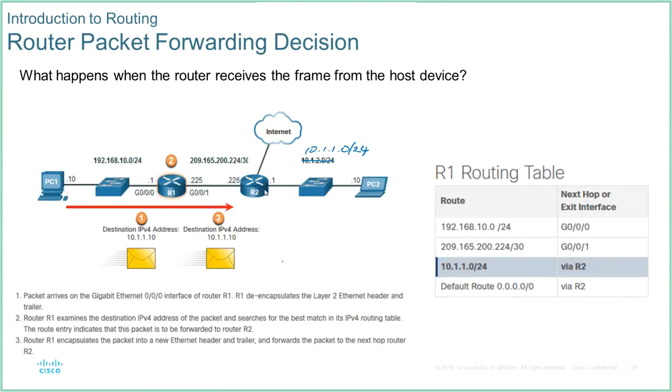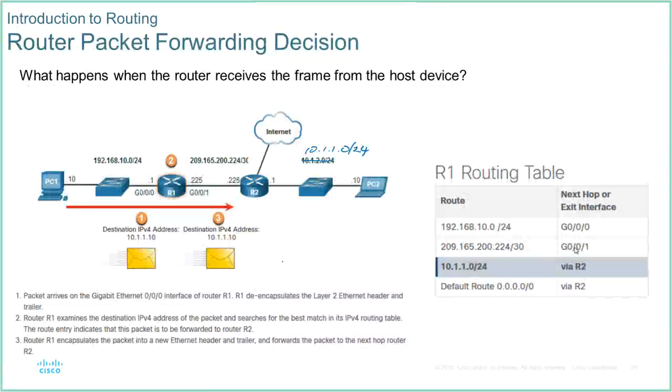And that way they build up total knowledge of the networks that they can get to. So when we look at the routing table in router 1, it knows about the 192.168.0 network because it's directly connected via G0/0.